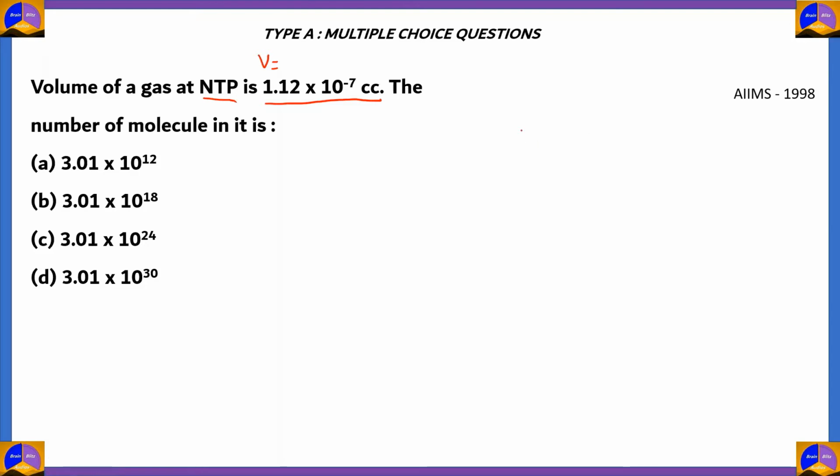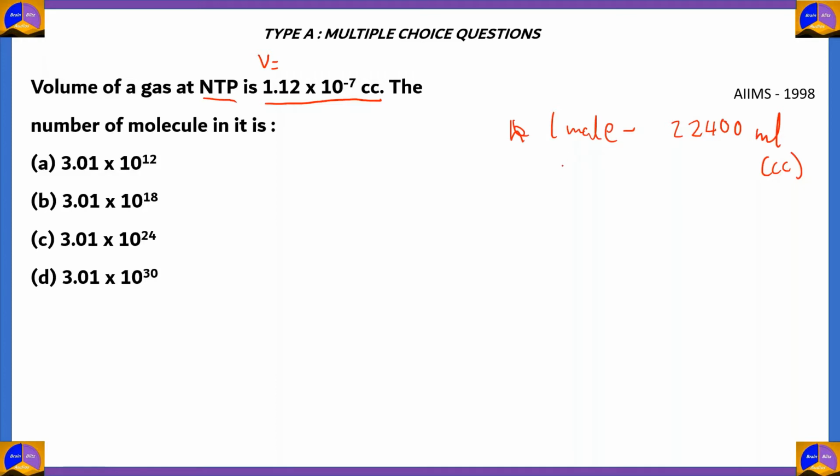So one mole of gas occupies 22,400 milliliters of volume, and milliliters is the same as cubic centimeters.